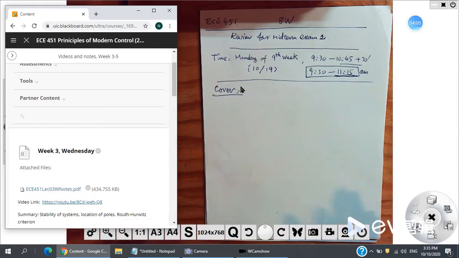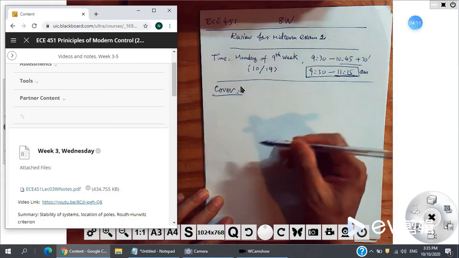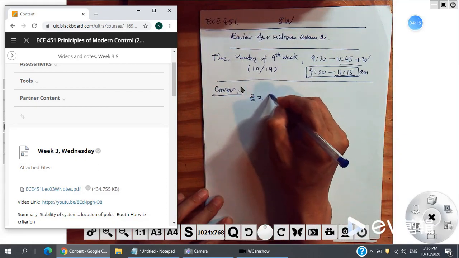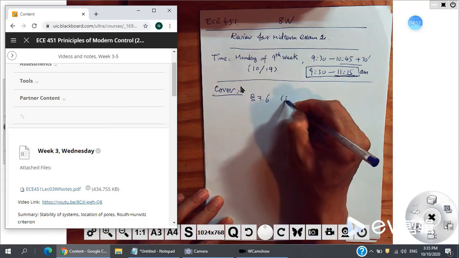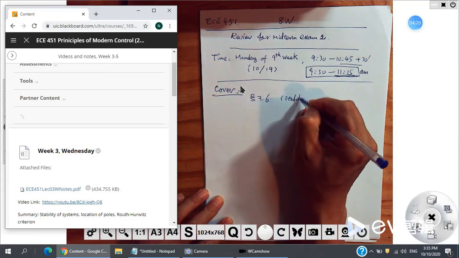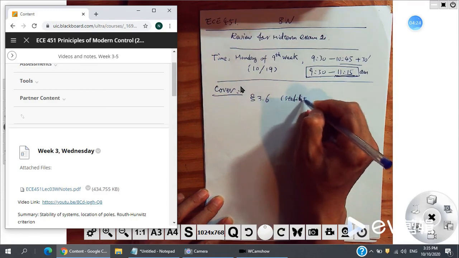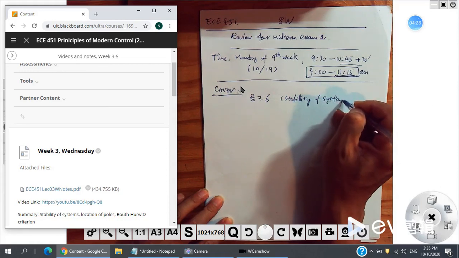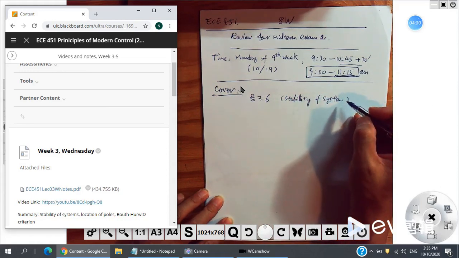We have section 3.6, about the stability of systems. And we have the Routh table method.